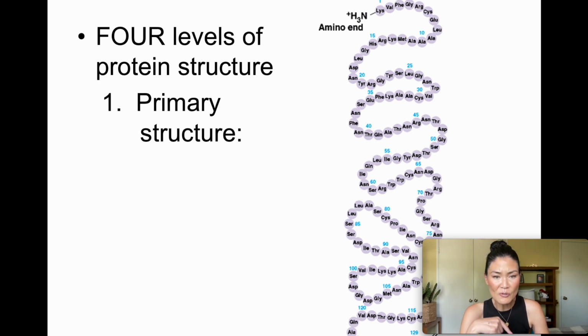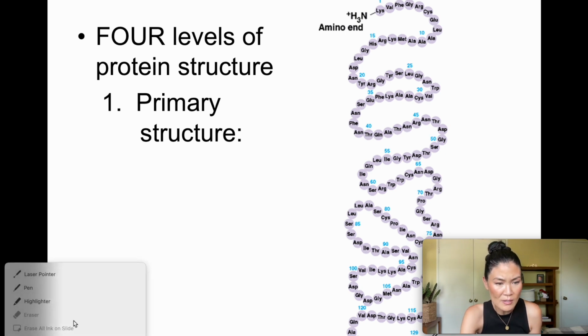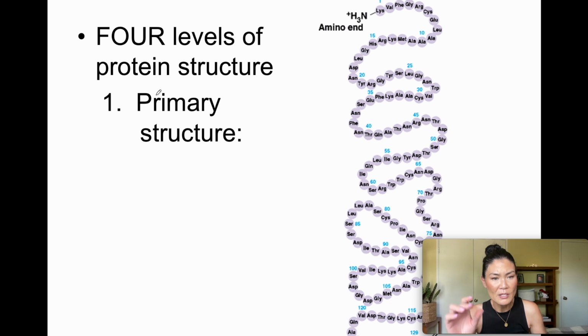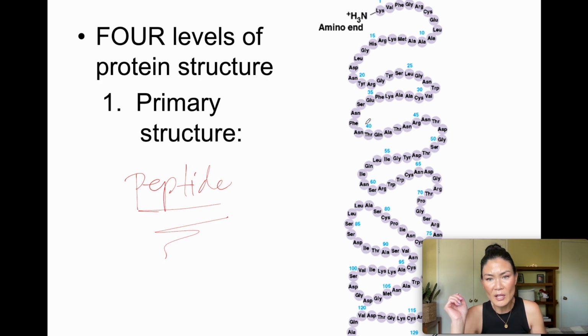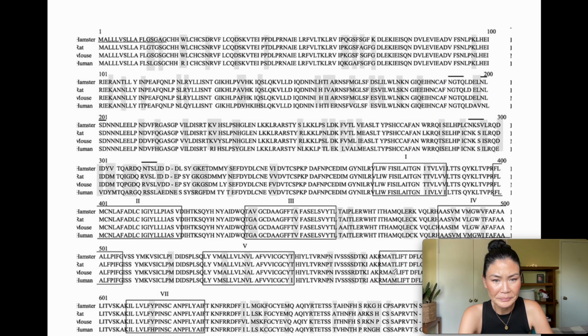So the primary structure of protein is going to be held together by peptide bonds. Let me grab my pen. So peptide bonds are what hold the polypeptide chain together. That's the primary structure of protein.